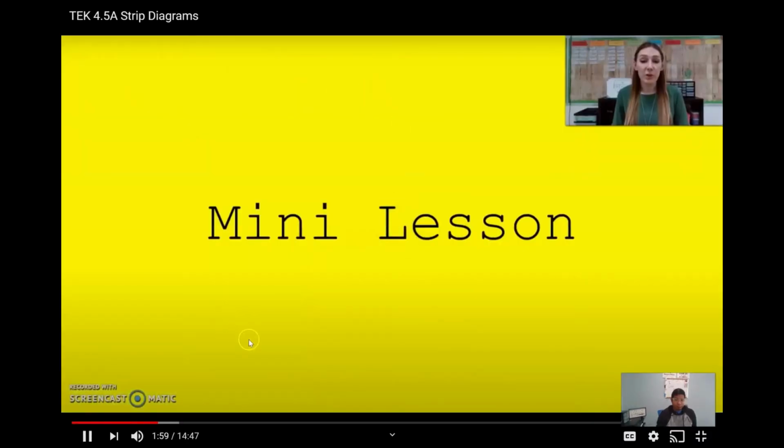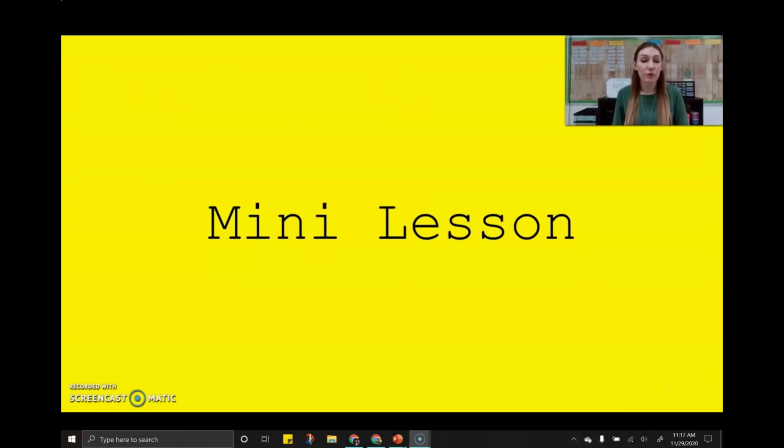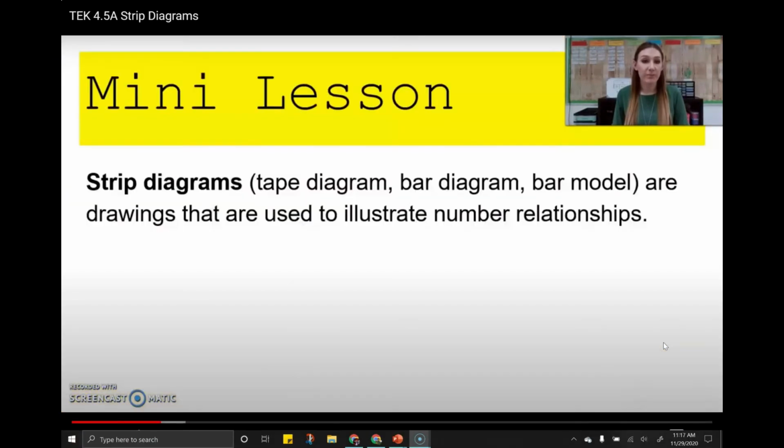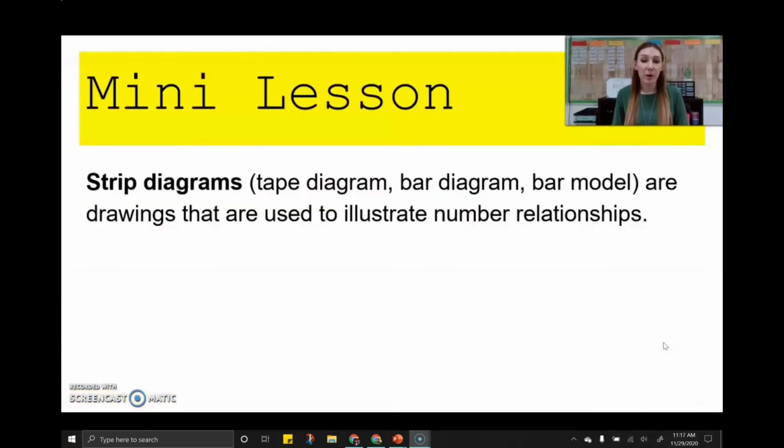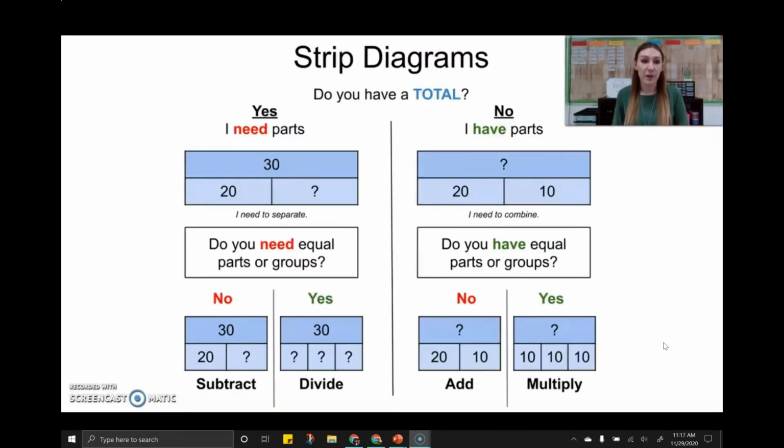So our lesson today is going to be all about strip diagrams, how to draw and interpret them. So a strip diagram, also known as tape diagrams, bar diagrams, or bar models, are drawings that are used to illustrate number relationships. We're going to be referencing this anchor chart today to help us not only draw but also interpret strip diagrams. So the first question we're going to ask ourselves is, do we have a total?